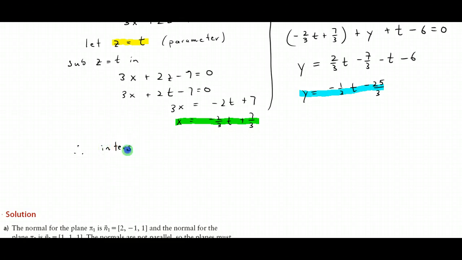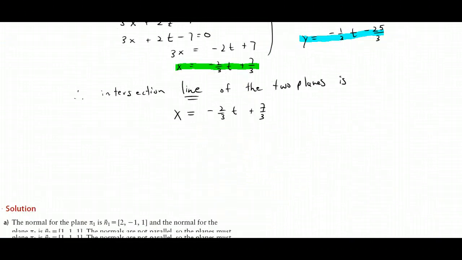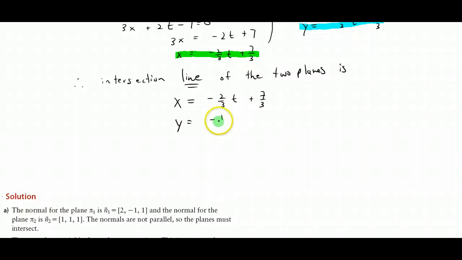Therefore the intersection line of the two planes is x equal to minus 2/3 t plus 7/3, y is equal to minus 1/3 t minus 25/3, and z is equal to t. So this is a line, and these are the parametric equations of the line.